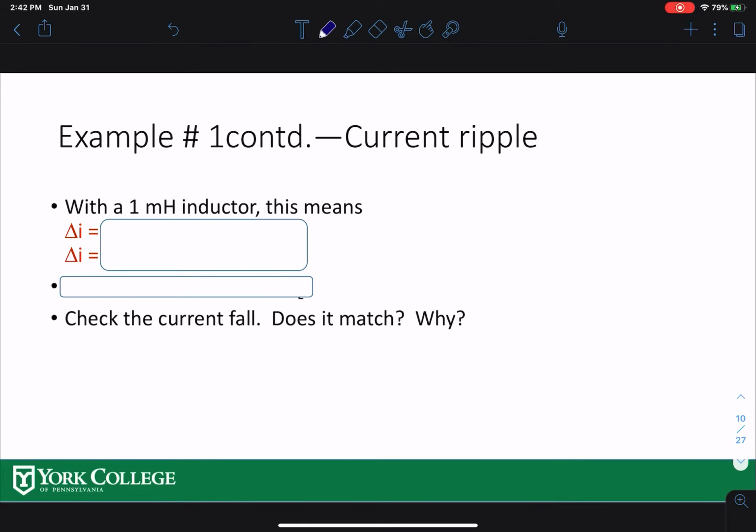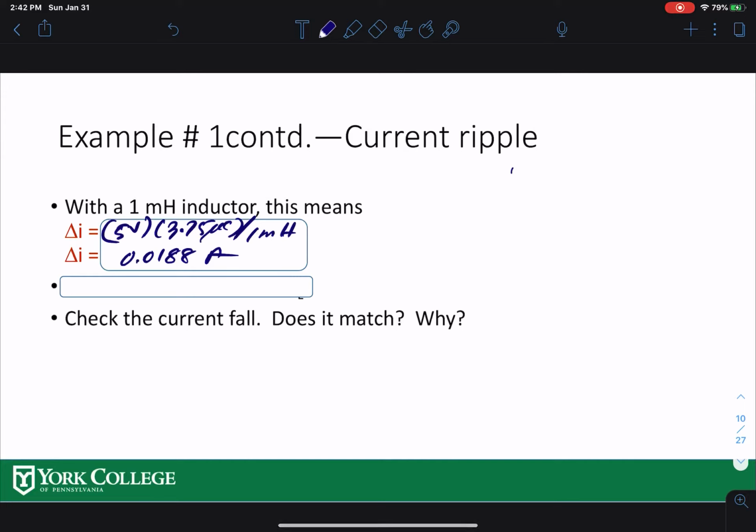If I do the math, 5 volts times 3.75 microseconds divided by 1 millihenry gives you 0.0188 amps. That's the peak-to-peak ripple in inductor current.